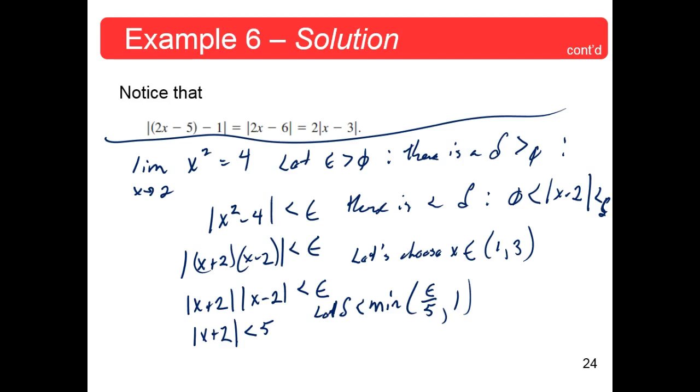So if you choose that to be as close to 3 as you can get, then this would be less than 5, and that would be less than epsilon, because this part here would be absolute value of 1, if you're in that interval. I'm sorry, I wrote x, it should be epsilon. So therefore, divide both sides by that, and that's where you get the epsilon over 5.